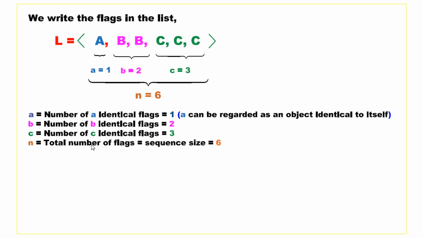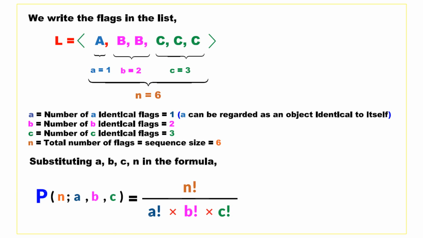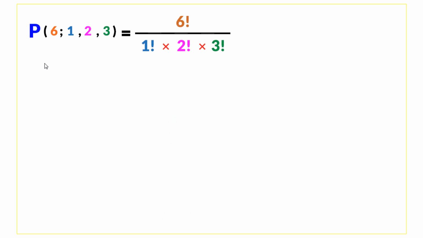And the total number of flags is 6, which is the sequence size. Now we substitute n_A, n_B and n_C in the permutation formula, which is this formula here, and we get 60 signals we can generate.